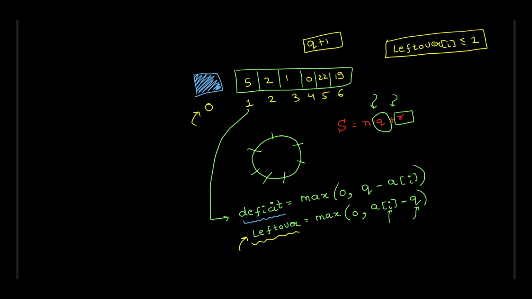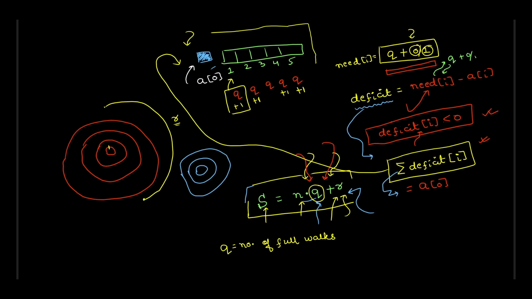What about the deficit? Each person will have a deficit, and this deficit only corresponds to playing for the Q rounds, right? So what about the sum of deficits? Should this sum of deficits be equal to the number of balls in the community box or not? Previously we had this expression, that the sum of deficit should be covered by the community box.